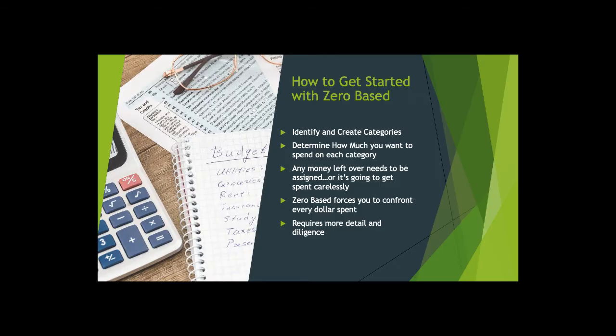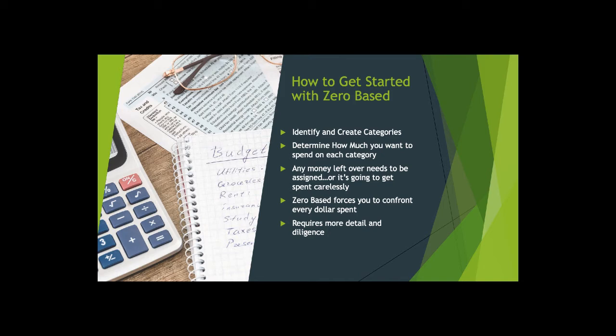First of all, you want to identify and create categories for everything you spend money on. If you spend money on it, it gets a category. Some of the categories will be pretty broad, like rent and utilities, but some may be far more granular.